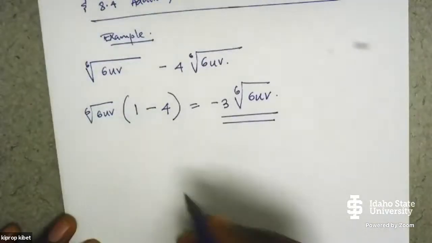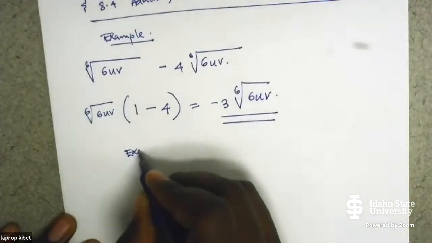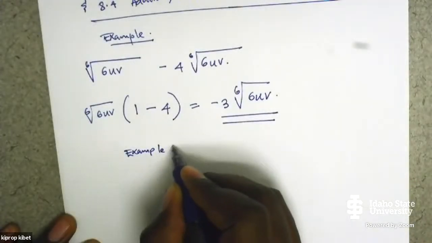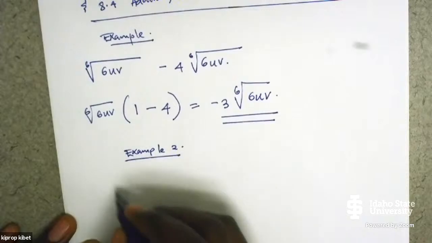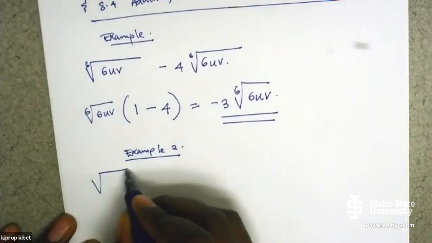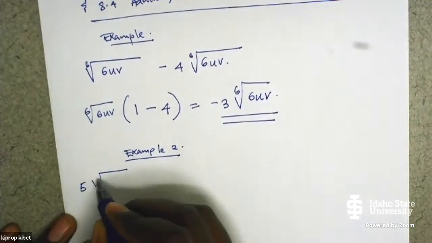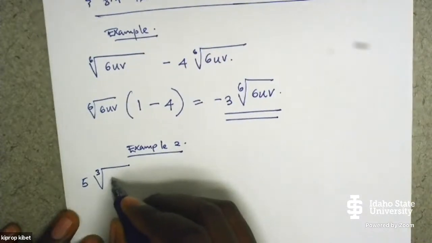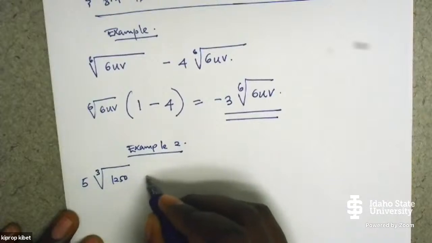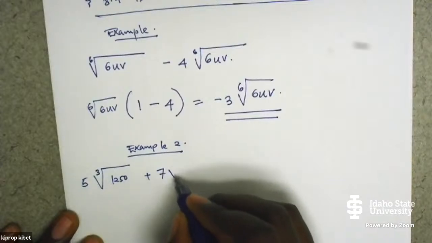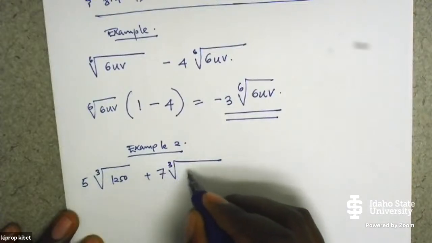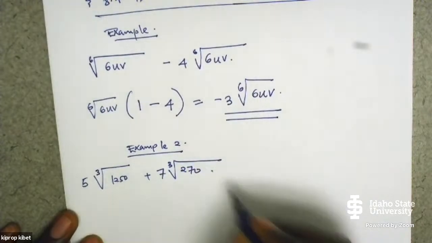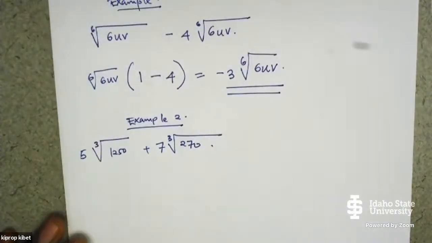Another example. Example 2. We have 5 times the cube root of 1250 plus 7 times the cube root of 270.